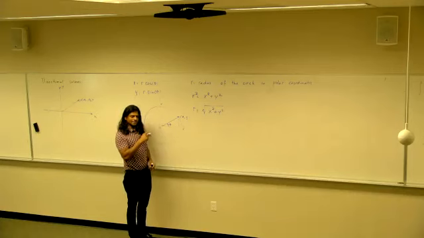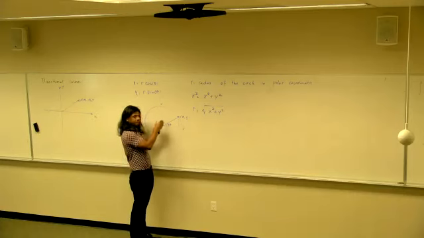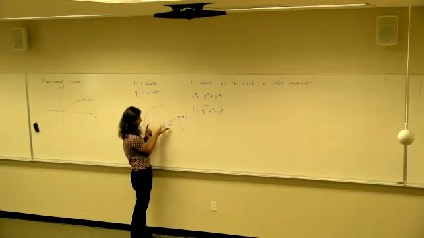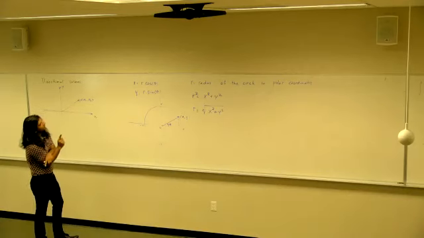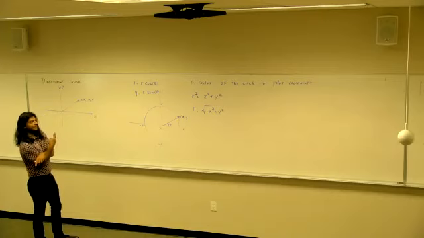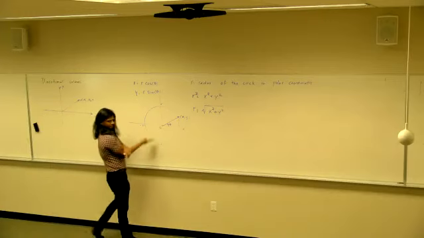But with the angle theta with respect to your reference axis, which is this, x is r cosine theta, y is r sine theta. Where do they come from? From that.